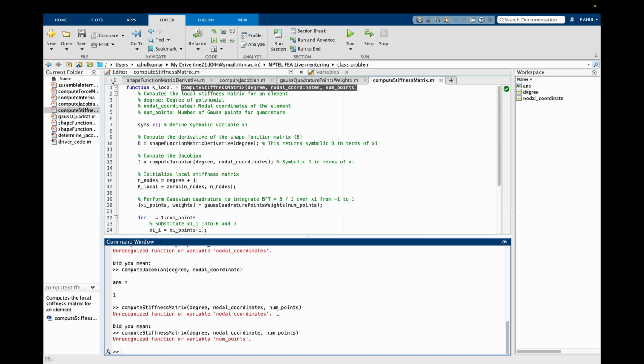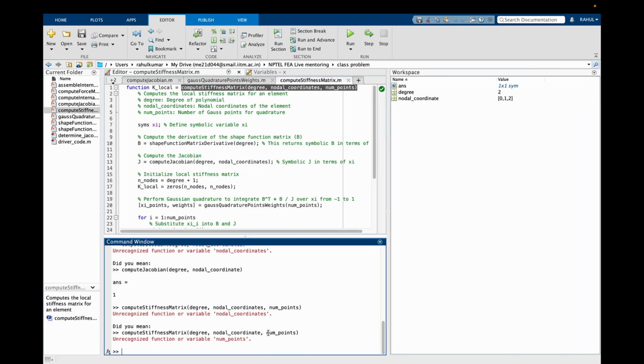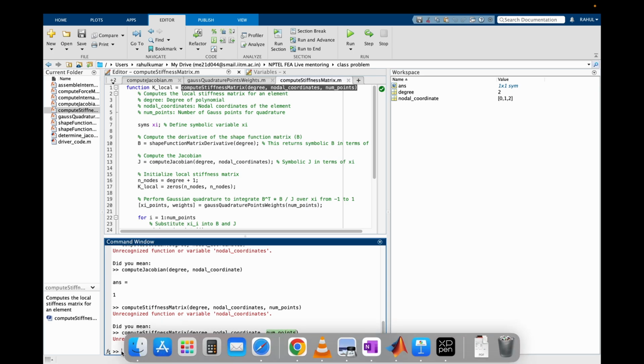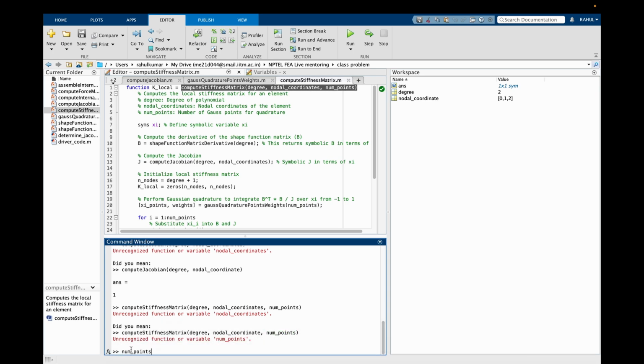Number of points we have not given. How many number of points should be there, tell me? Based on this variable, whatever we have initialized, how many number of points should I give?